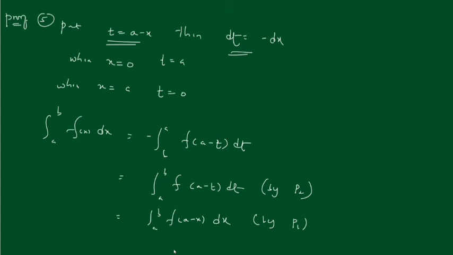Next, moving to property number 6. Proof of the sixth one. It uses property 3.